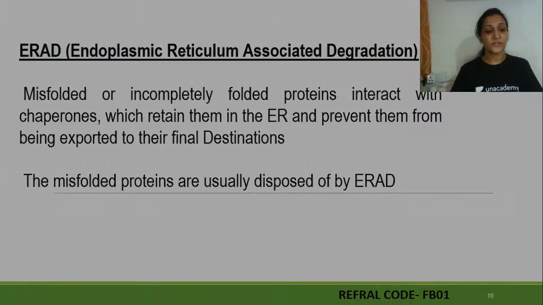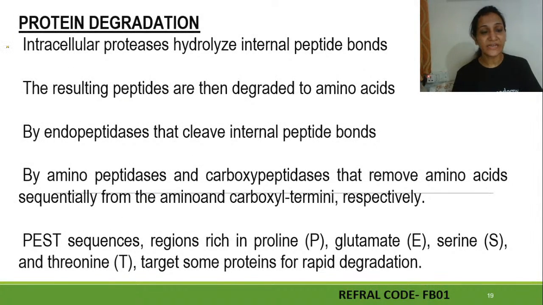So let's move further. Protein degradation. We have moved from protein folding to protein degradation. We have seen how the proteins are properly folded with the help of chaperones. Then we have seen that if they are not properly folded, who will take the charge in the cell? The endoplasmic reticulum takes the charge that now they are not properly folded.